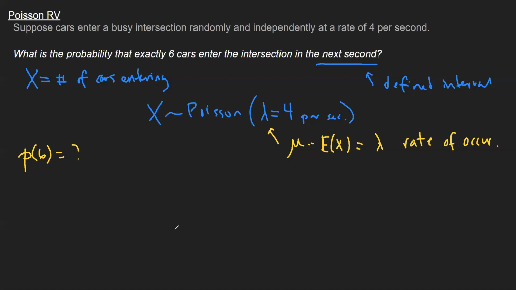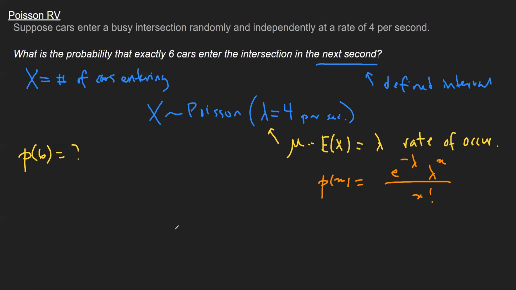If you recall in your notes, the PMF for a Poisson distribution looks as follows. It's e to the negative lambda, lambda to the x over x factorial. Your job in these types of problems will be identifying that the random variable is Poisson, and secondly, what is the value of the parameter lambda?